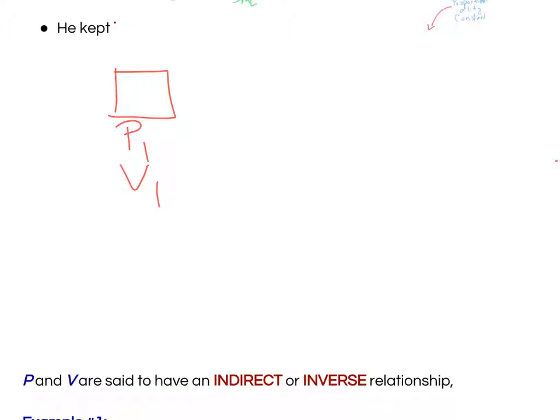Then I might change one of them and want to see the effect on the other variable. Let's say I change the pressure to a new pressure, pressure 2, and the question might be asking, what will the new volume be? What will V2 be?